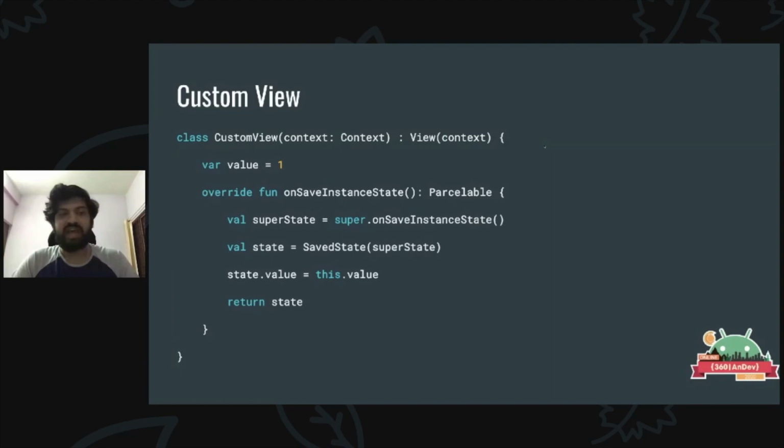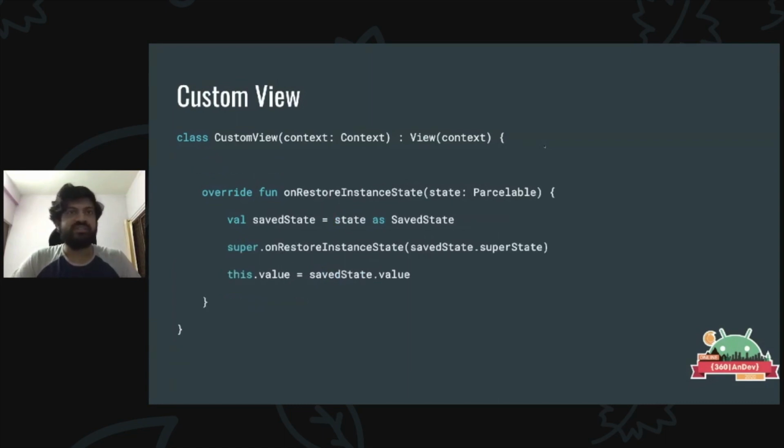Now you use that to create an instance of your implementation of BaseSavedState, which is SavedState here. And there you store all the data relevant to your view, as in your view state, and return it. So it's just a Parcelable, and it's equivalent to what we do for activities and fragments.